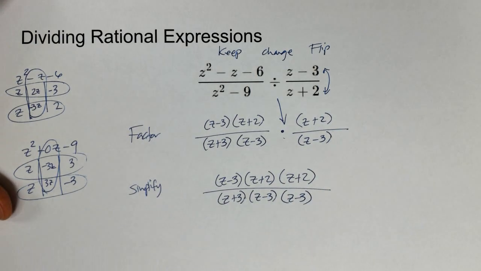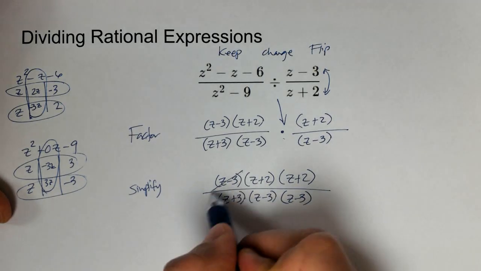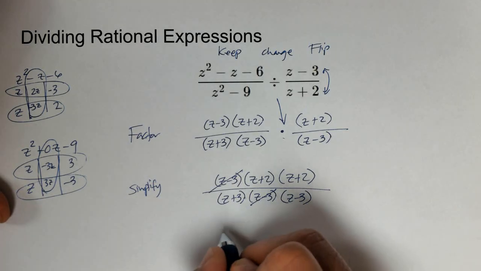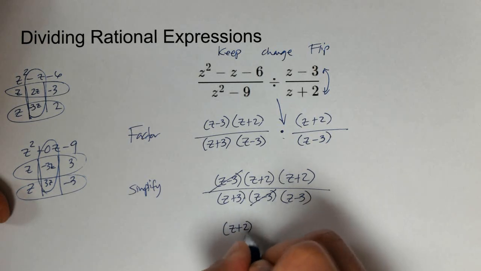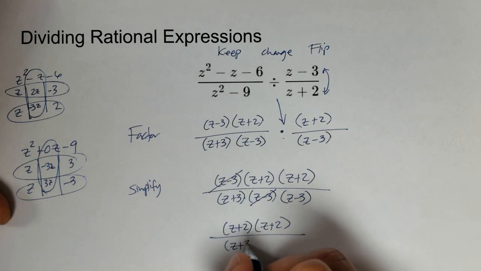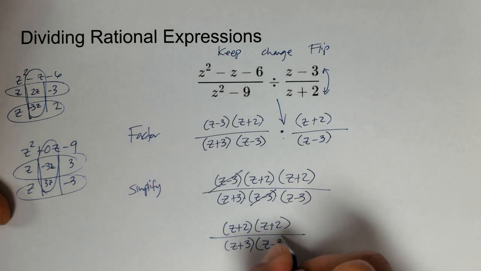Let's now see what divides and cancels out. The Z minus 3s are going to cancel. I believe that's it. Nothing else cancels or divides. So I'm left with Z plus 2 times Z plus 2 divided by Z plus 3 times Z minus 3.